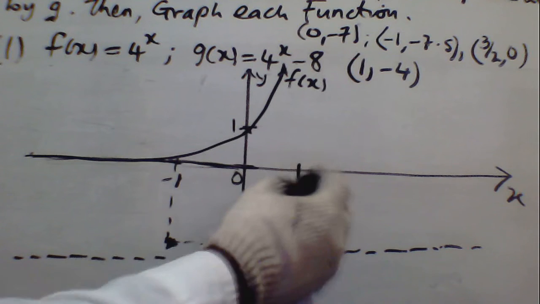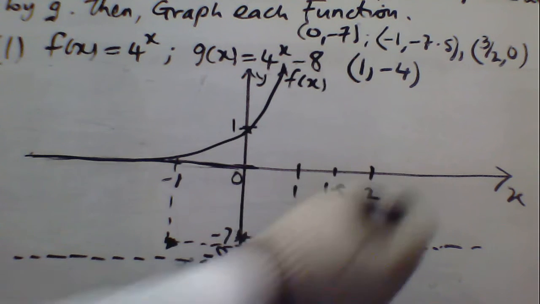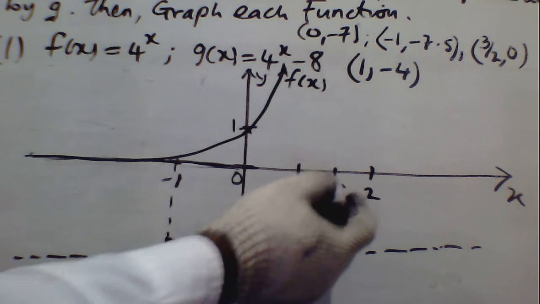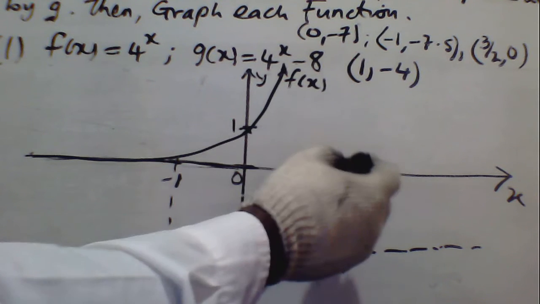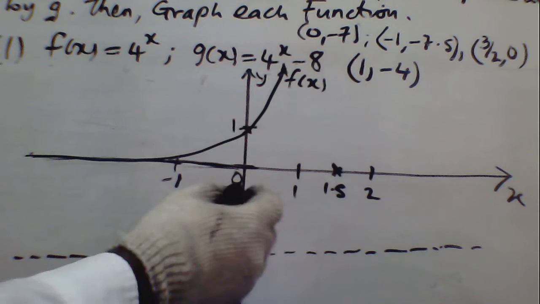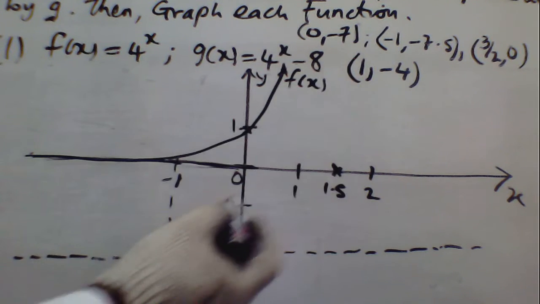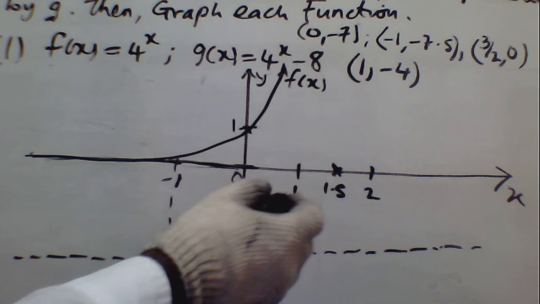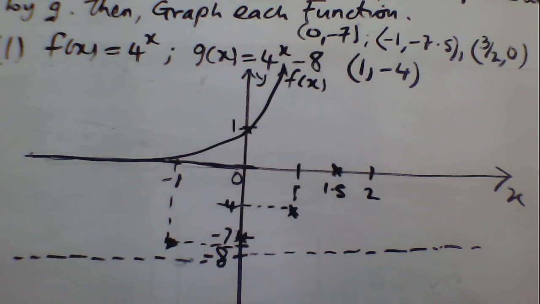Let's say I have here 1 and here 1.5 and here 2. So when x is 1.5, y is 0, it will occur here. And when x is 1, y is negative 4. So let's meet here. I hope you are seeing it.